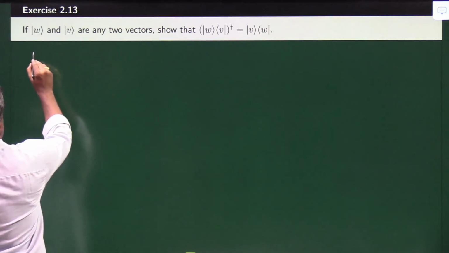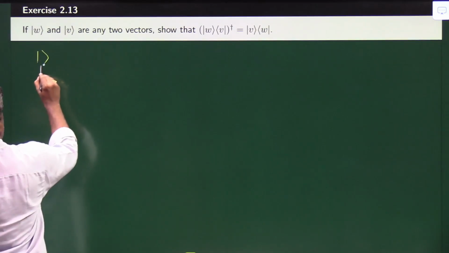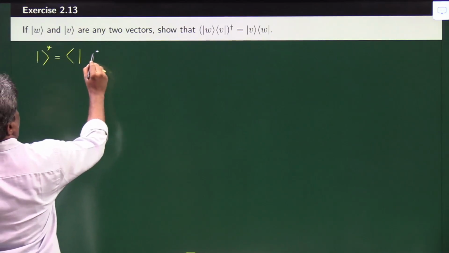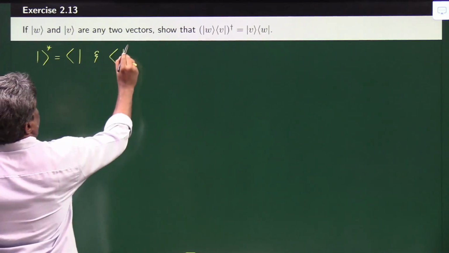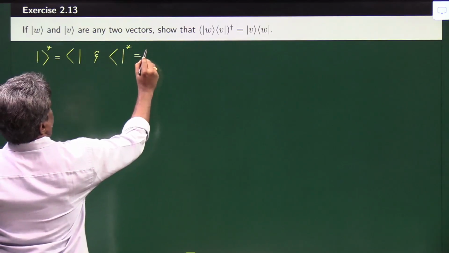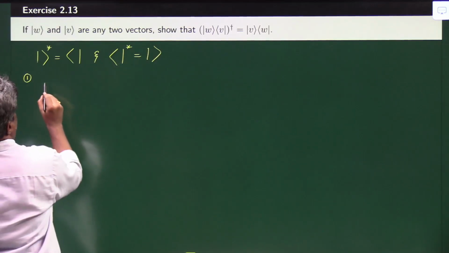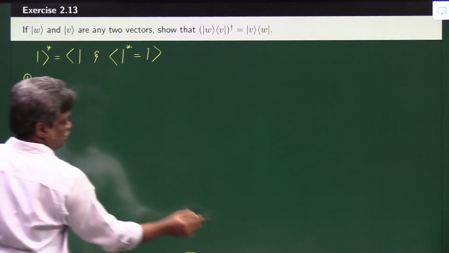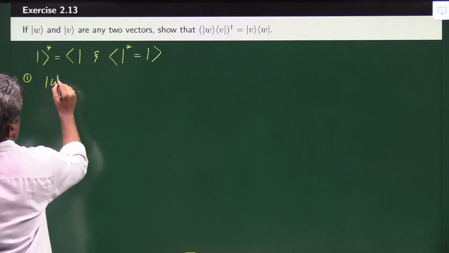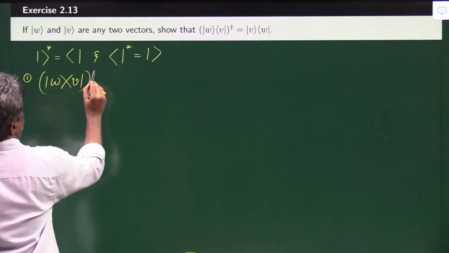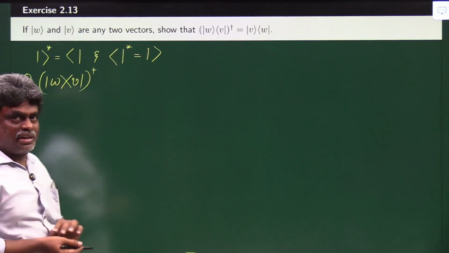Already we know that whenever we have a ket vector, its complex conjugate is a bra vector, and the complex conjugate of the bra vector is a ket vector. By using this, for example, if you take this outer product, given the outer product of W and V states, for this we are taking a Hermitian conjugate.